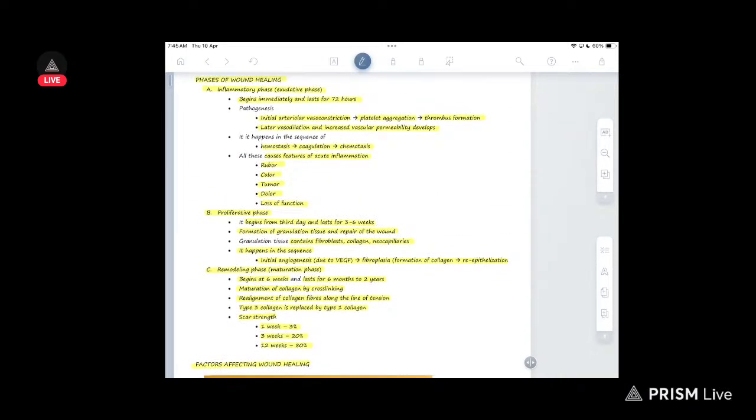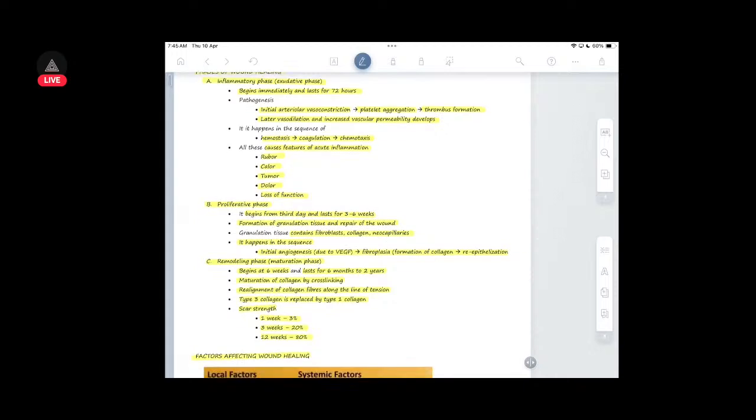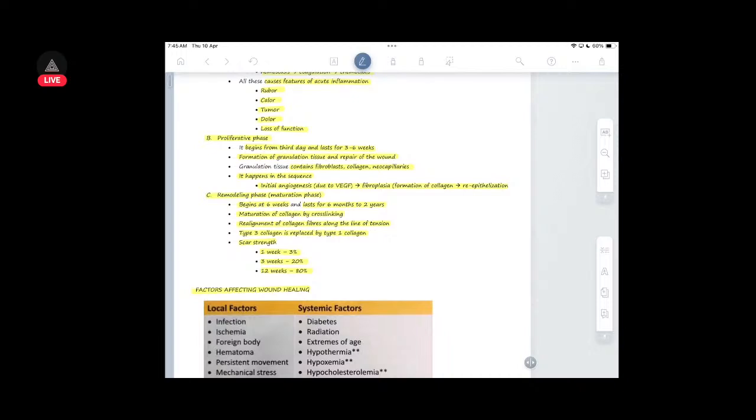So inflammatory phase: inflammation occurs, hemostasis, coagulation, chemotaxis. Initial arteriolar vasoconstriction leads to platelet aggregation and thrombus formation, later vasodilation and increased permeability develop. So, hemostasis, coagulation, formation of inflammation. This is for 72 hours. Then the proliferative phase from the third day, which is 72 hours, lasts for 3 to 6 weeks. So granulation tissue, fibroblasts, collagen, neocapillaries occur in a sequence. You have initial angiogenesis due to VEGF, which leads to fibroblasts, formation of collagen, and you have reepithelialization.